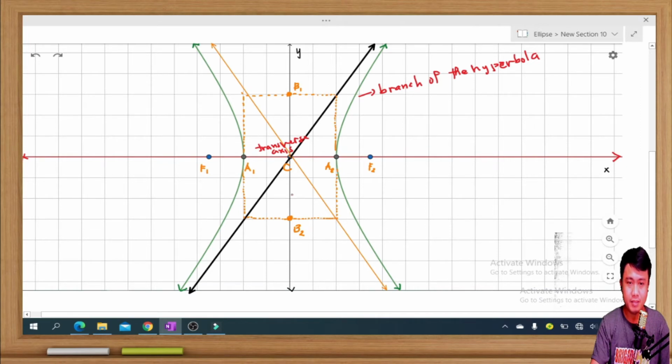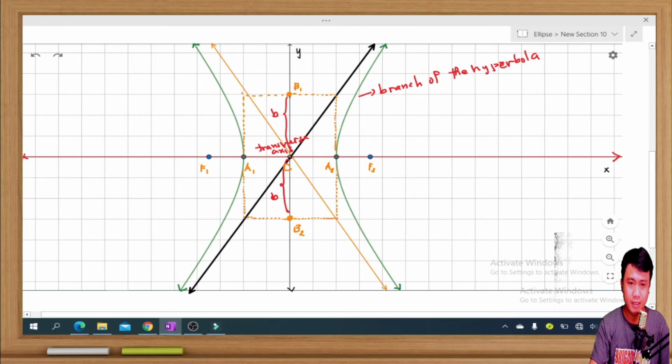Okay? Sa conjugate axis, ito yung joining these points. At nakuha itong mga points na ito, B units. Yan. So, mayroon din tayong B. Ganon din sa baba. So, ang distance from the center to these points of the what we call conjugate axis is B units.